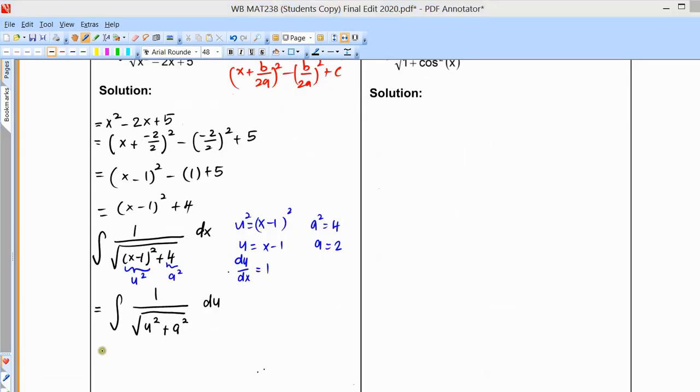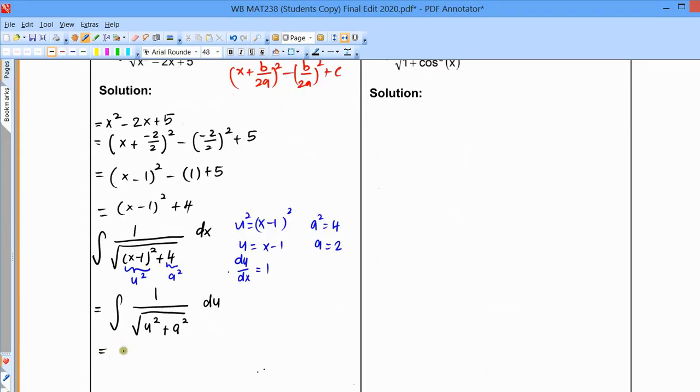Okay, so here the answer is inverse hyperbolic sine u over a plus c. Then substitute your u and a, so our u is x minus 1, and then a is 2, plus c. So this is the answer. So I hope you can answer all the examples and also the exercises.